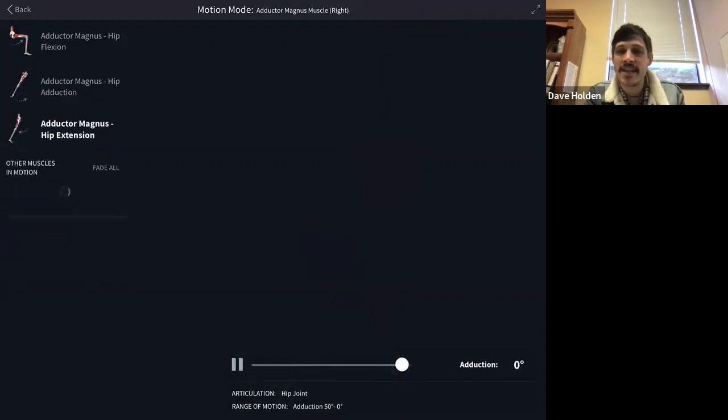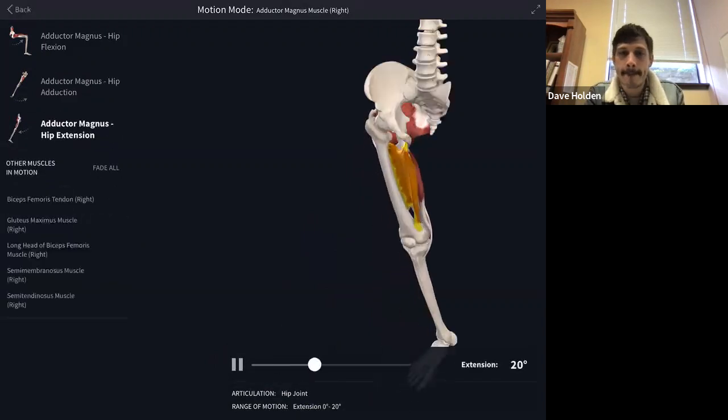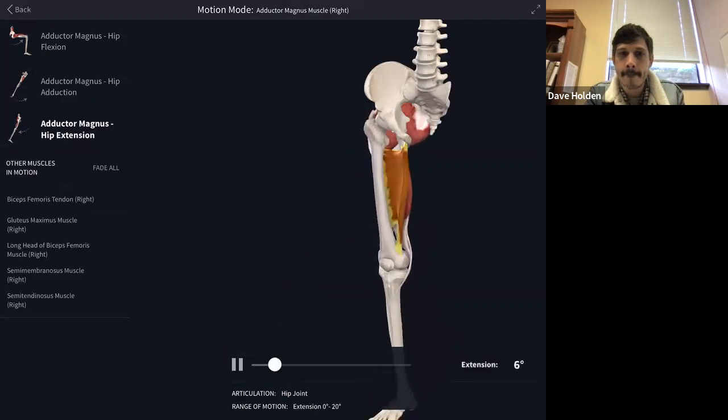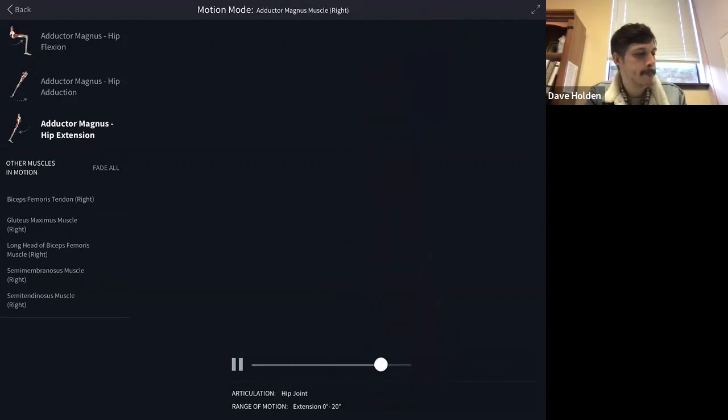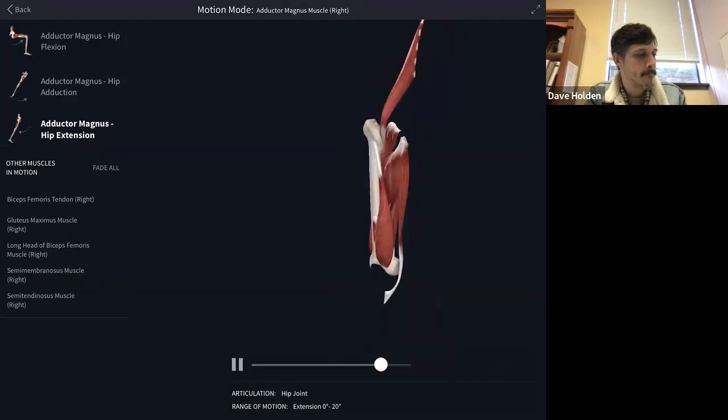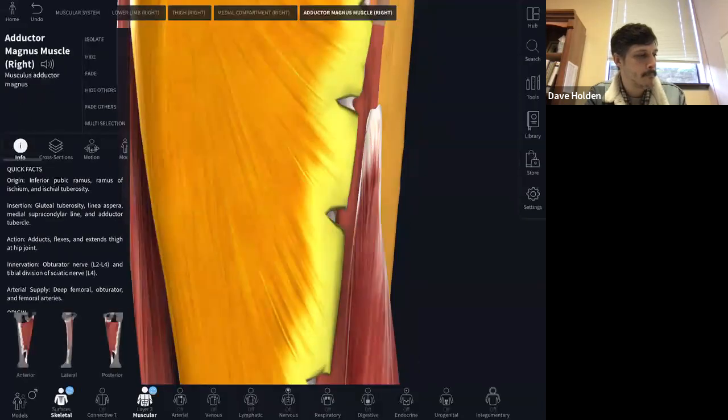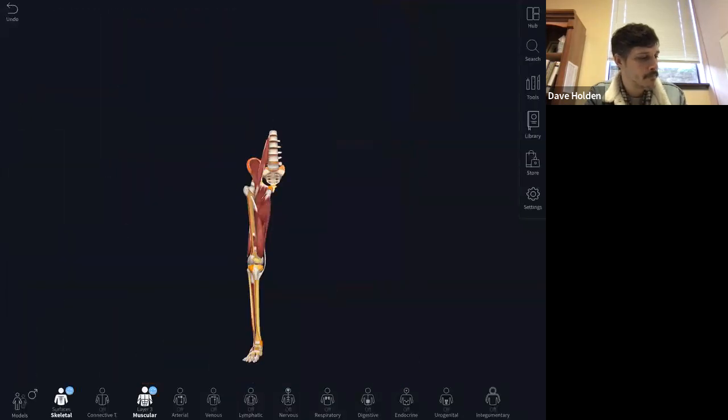And finally, hip extension. All right. Adductor magnus. Good stuff.